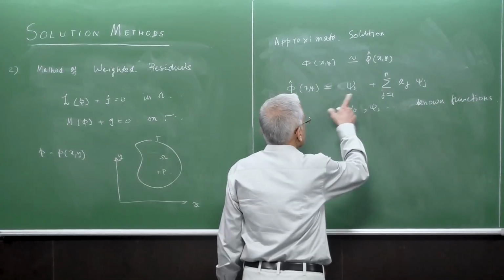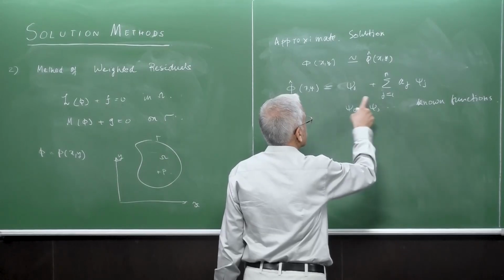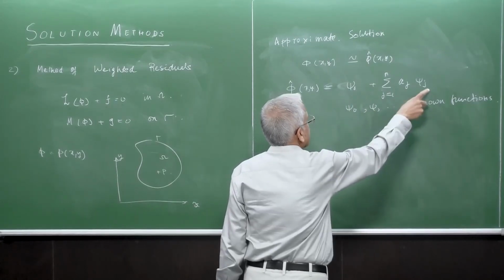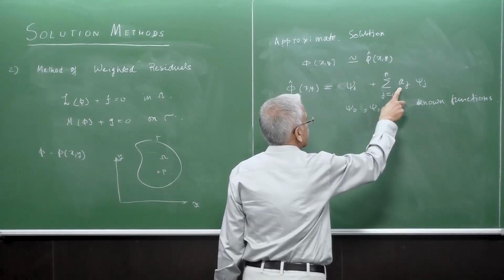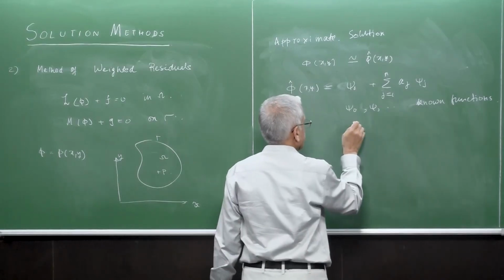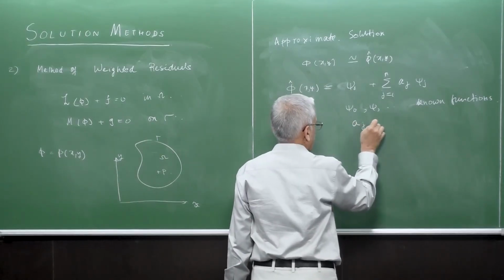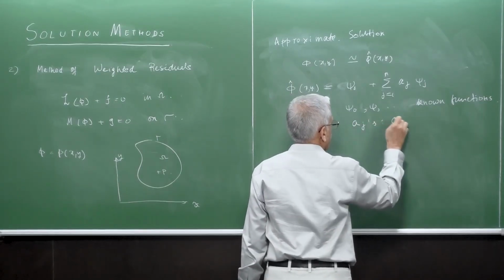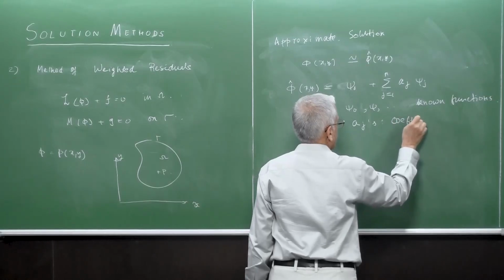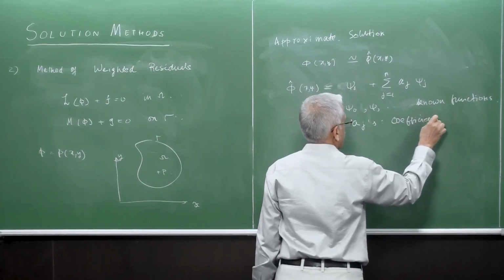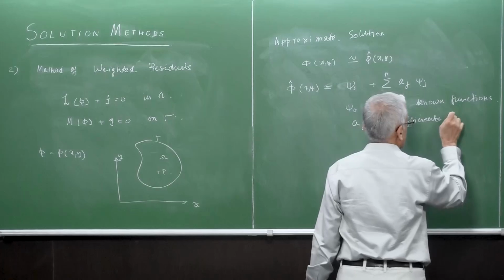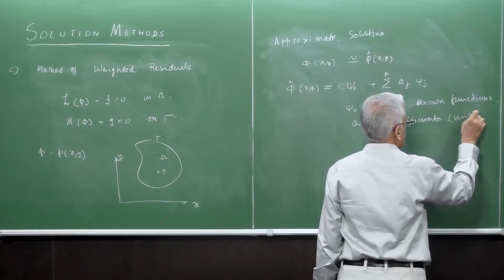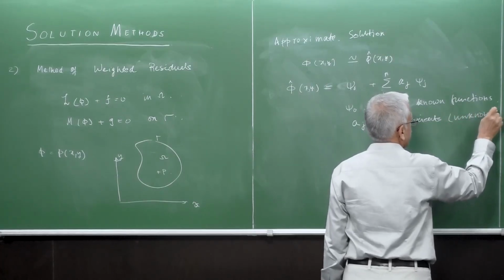And why have we separated the psi naught outside here, and then psi j's multiplied by aj's? So aj's are coefficients. These are unknown at this moment. Well, if you know them, then the solution is known.